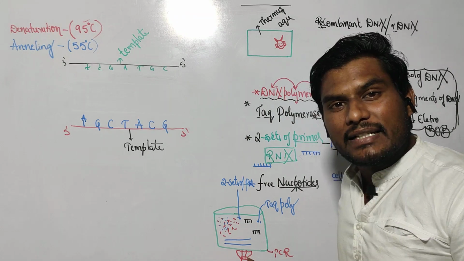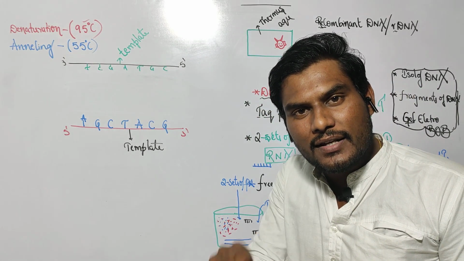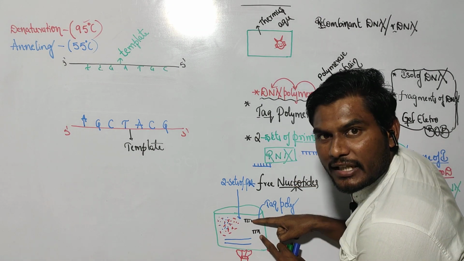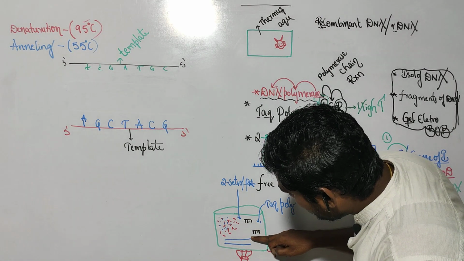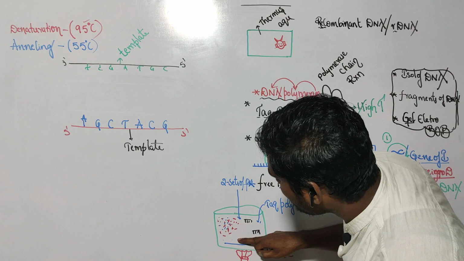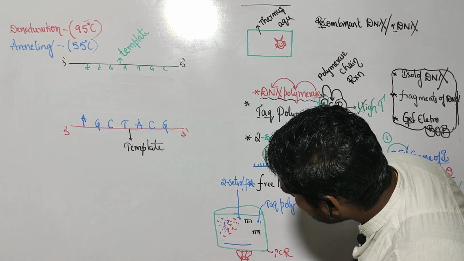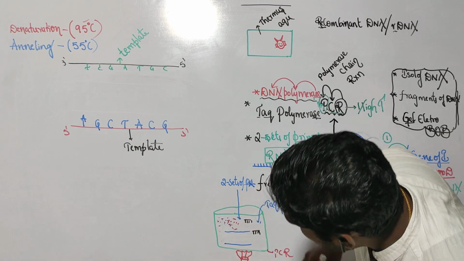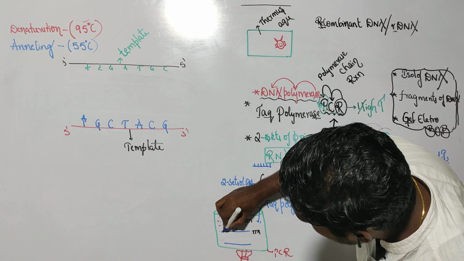Whenever I decrease the temperature, when I reach 55 degrees Celsius, the two primers which are present in the machine move. The two DNA strands are separated like this, and I represented there. This is what prime? 3'.